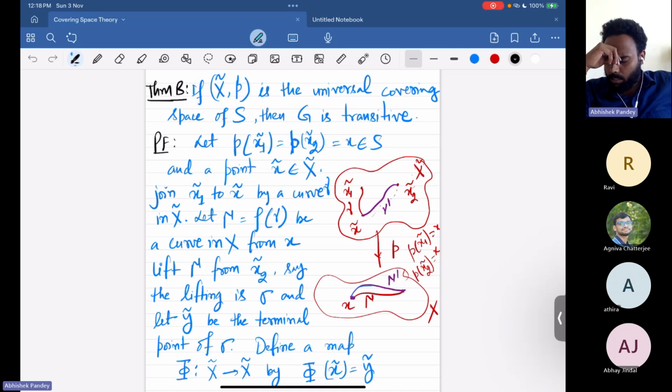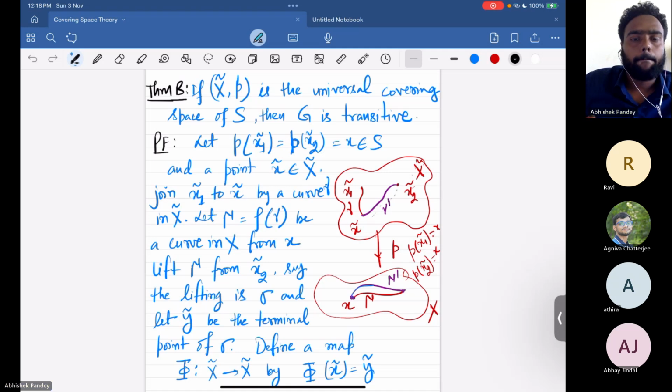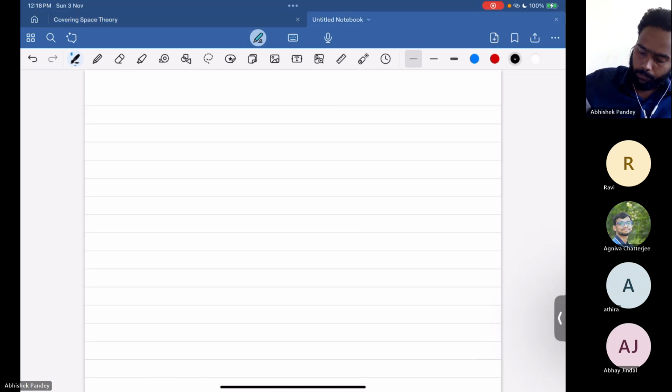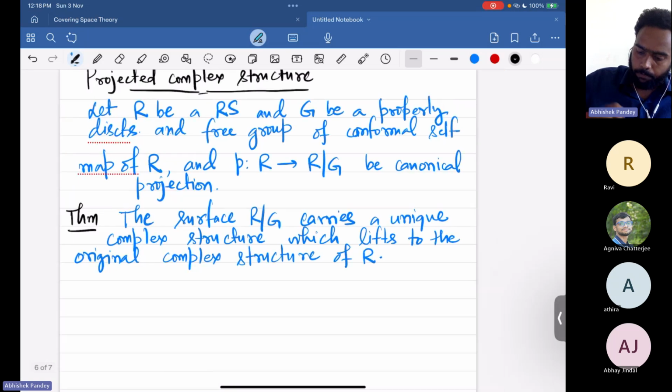I'm saying this because once I talk about the fundamental group, I will mention it there. A connected manifold will be path connected. One just needs to use the locally Euclidean property. This is an important thing to note down.